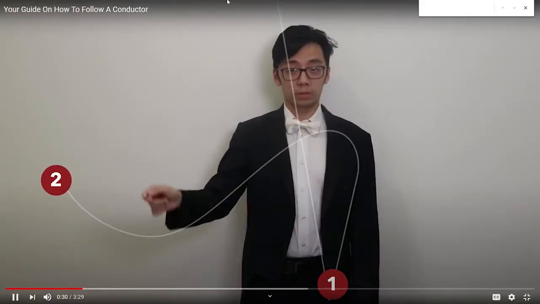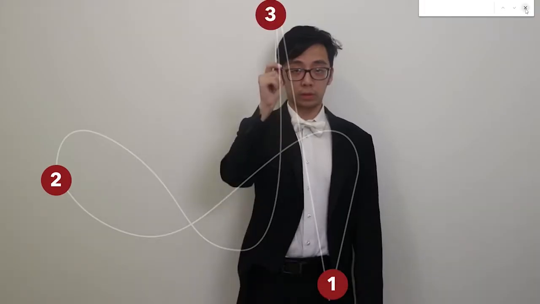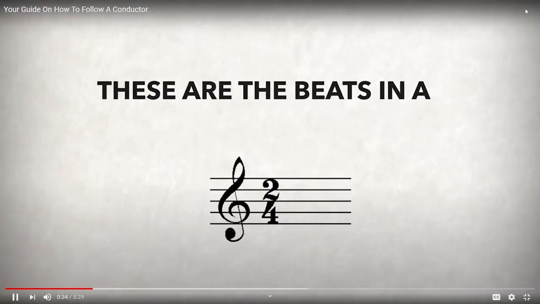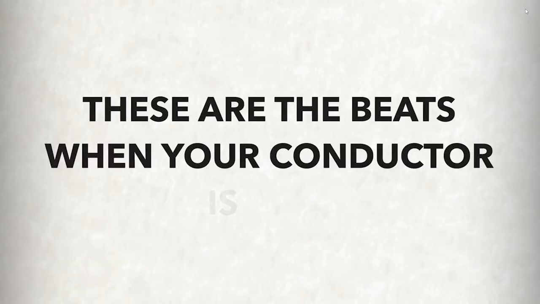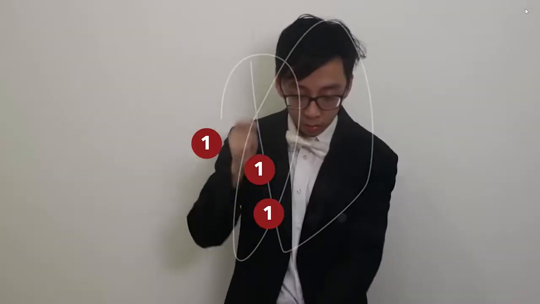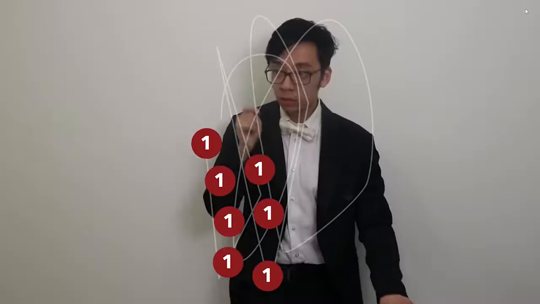These are the beats in a 3/4 time signature. 1, 2, 3. These are the beats in a 2/4 time signature. 1, 2. And these are the beats when your conductor is lost. 1, 1, 1, 1.